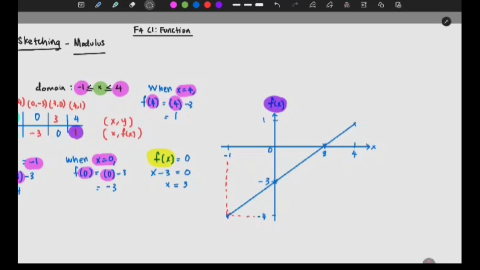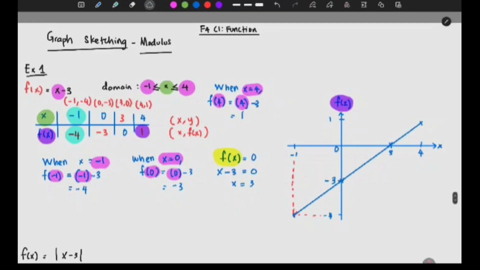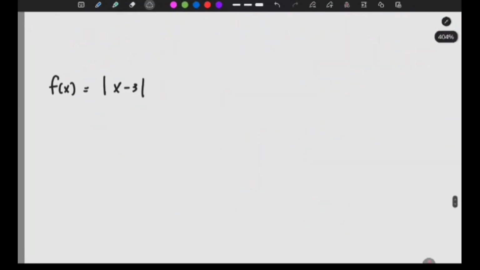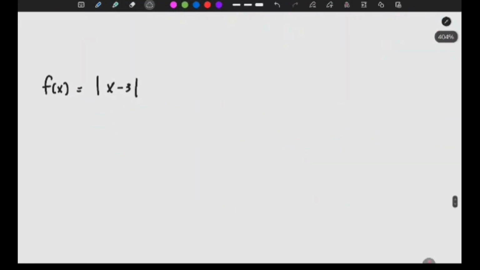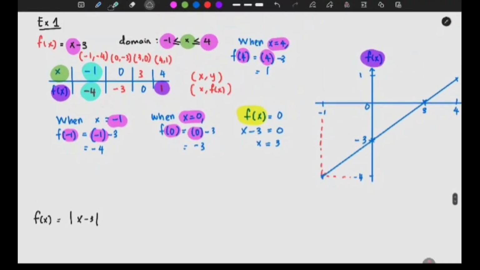Nothing so special in this, but now if I give you a modulus something like this, you have to see the equation that I provide for both is the same. Fx is equal to x minus 3. Fx is also equal to x minus 3. But the difference you're going to see here is the modulus, and what the modulus can make different.